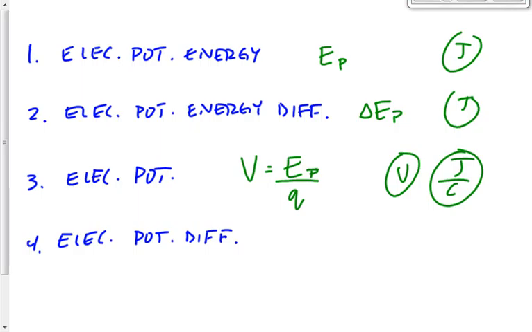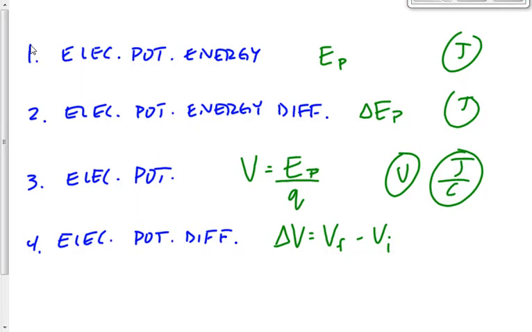What about electric potential difference? It's delta V, and there's a couple ways that we can find that. The first way is using an equation that doesn't appear on our data sheet. It's the easy one. It's going to be VF minus VI. It doesn't appear on our data sheet, but it's easy. Right? If you've got the final and initial potential and you want to find the difference, then subtract them.